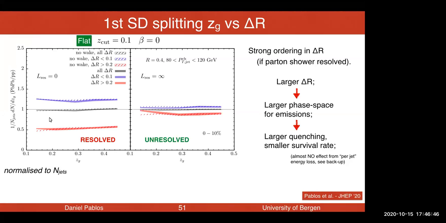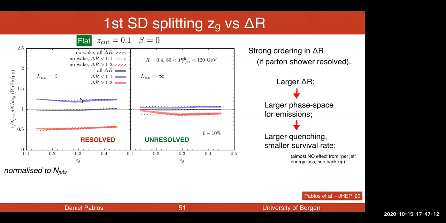Look also at the momentum sharing fraction, the z fraction of the first soft drop splitting to pass. This has been widely studied in jet phenomenology with a lot of relevance, and recently it was done differentially in the angular separation between the two branches of the splitting.